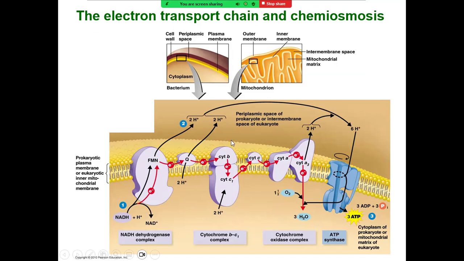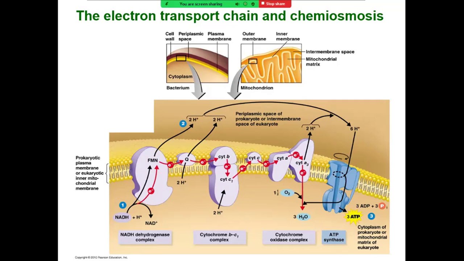And so these hydrogen ions are being pumped in between the inner membrane and the outer membrane of the mitochondria. And in eukaryotes, this is really good. These hydrogen ions can't damage the cell because they're kept inside the outer membrane of the mitochondria. Any question about any of that?